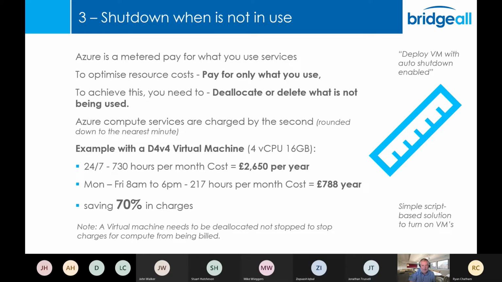Just to give an example, a 4-core, 16 gig of RAM machine run 24/7 across a full year would cost around £2,650. Now, if you measured a workload that was only really required 10 hours a day, Monday to Friday, by shutting the machine down you could save around 70% in charges over that 12-month period.